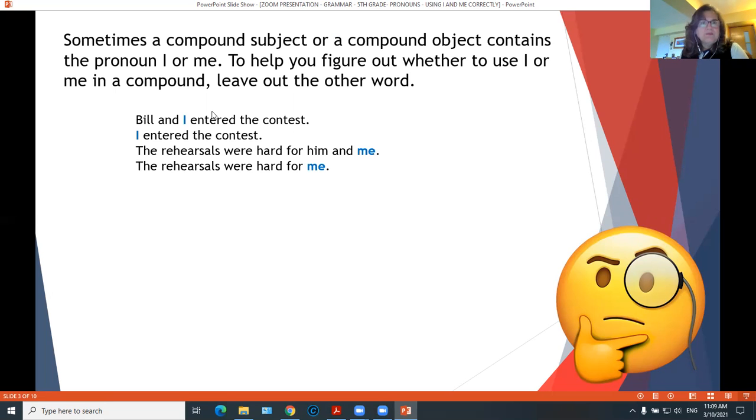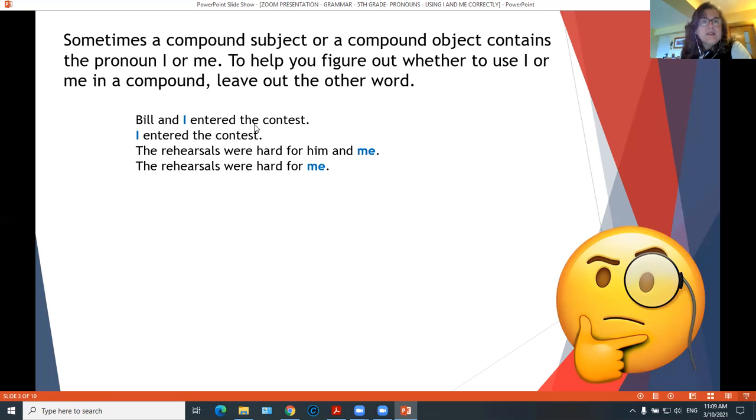For example, Bill and I entered the contest. Let's say we are not sure if we should use I or not because we have this Bill here. So we take Bill apart and we say, I entered the contest.